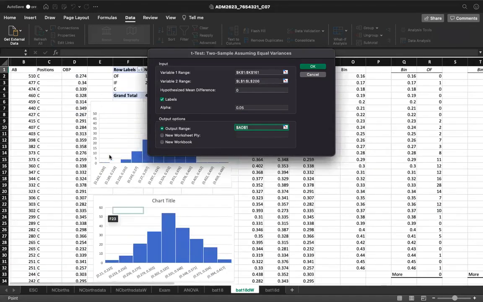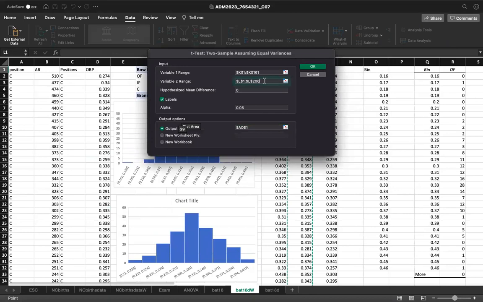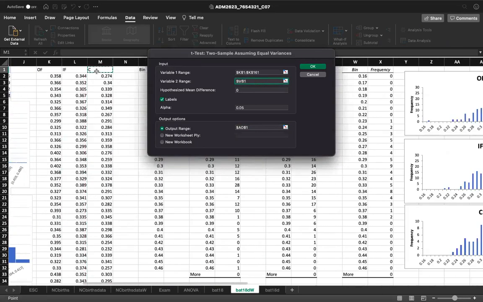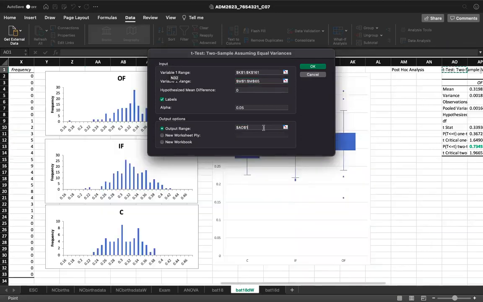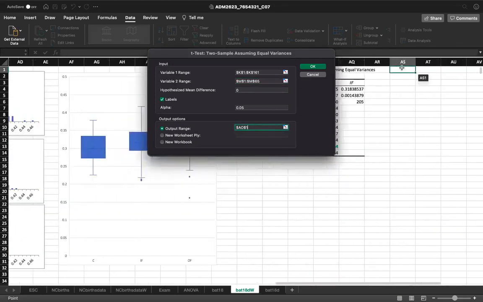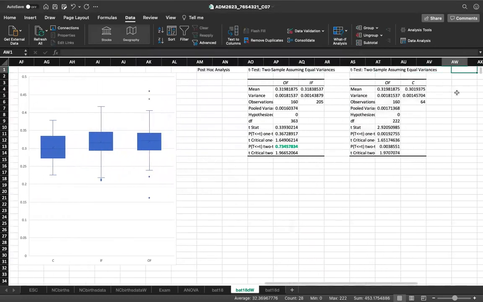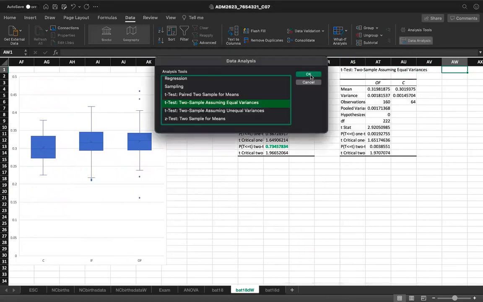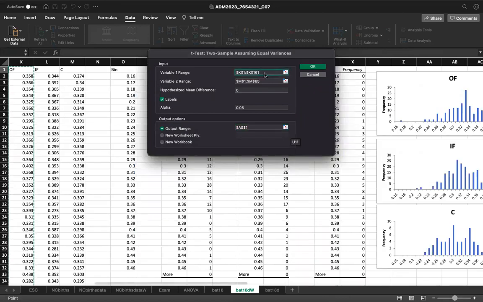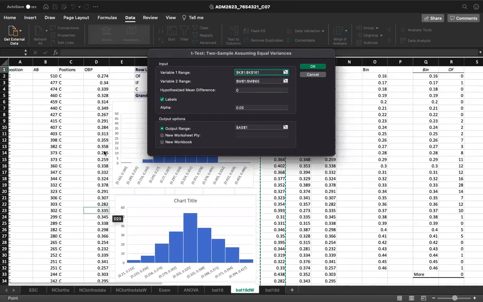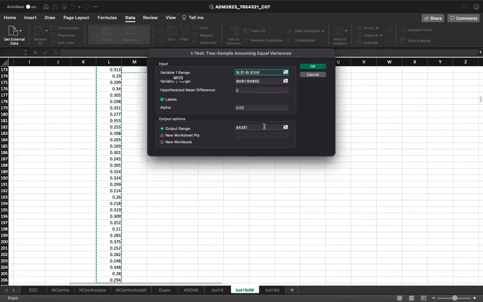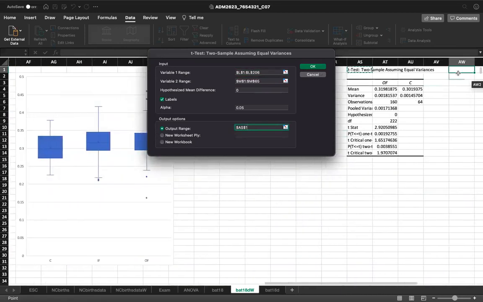So we will change the variable range, and we would like to have the output be placed in S. Let's complete the third one as well. Analysis. Okay, this time we will change the, let's put it in AW.